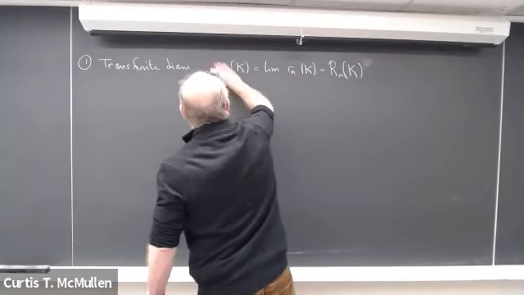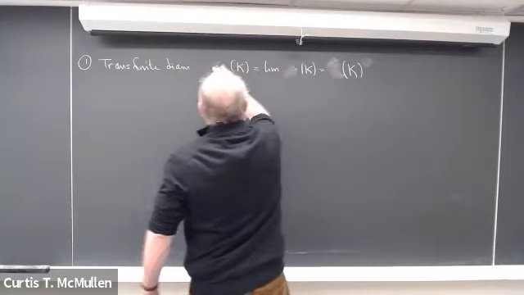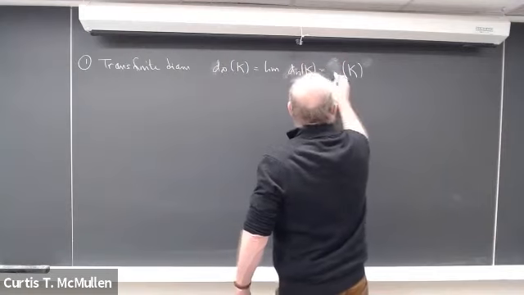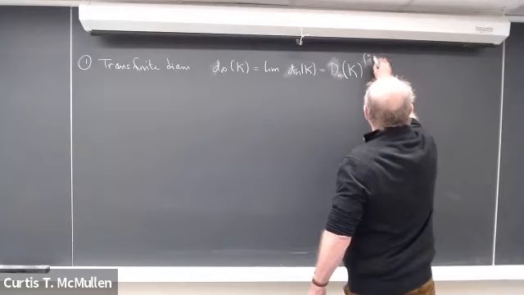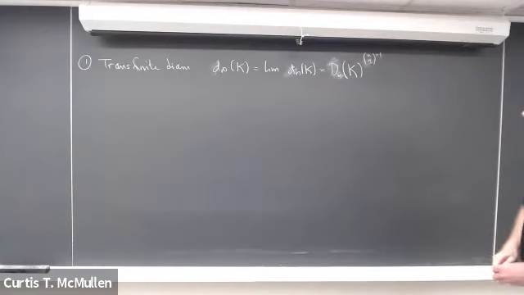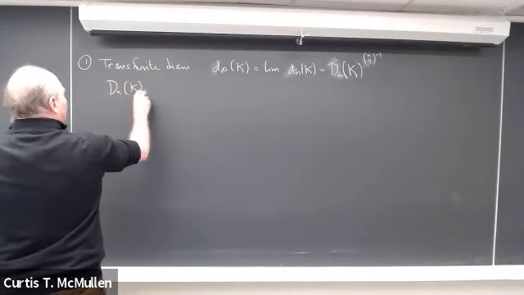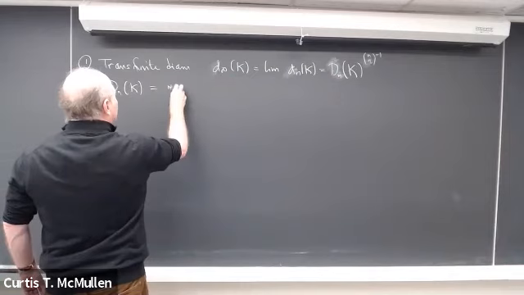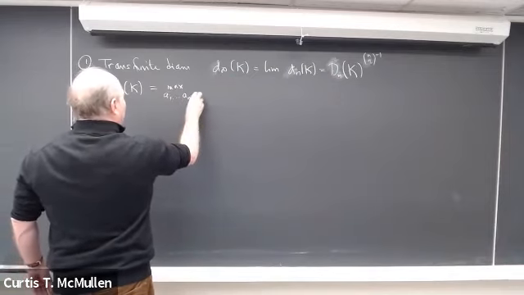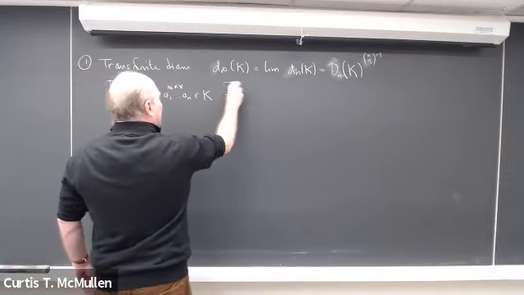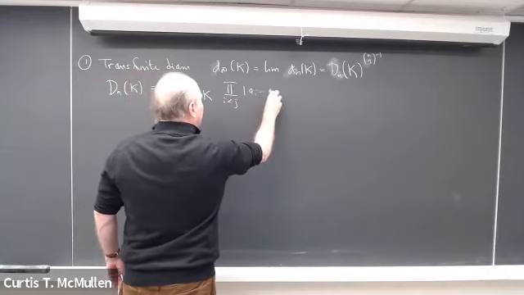This is getting my notation mixed up. This is d for diameter. D infinity is the limit of dn, which is dn of k raised to the power n choose 2 to the minus 1. And the key is this quantity dn of k, which is the max over points a1 up to an in k of the product of the distances between distinct pairs, ai minus aj.